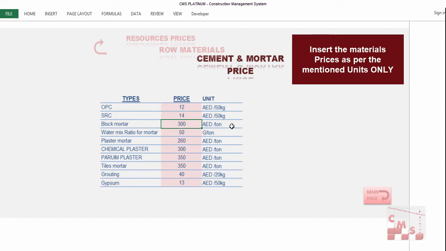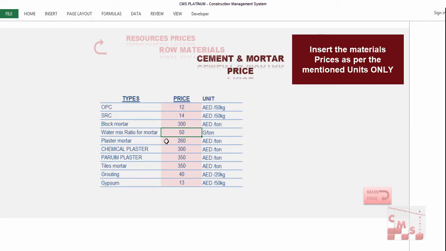Block mortar, you will add here per ton. For this block mortar, you will mention the water mix ratio for mortar. We're considering here we need 50 gallons per ton. It's according to the data sheet which is attached with the block mortar. You will just read the data sheet and know how many gallons of water are required for 1 ton of block mortar.